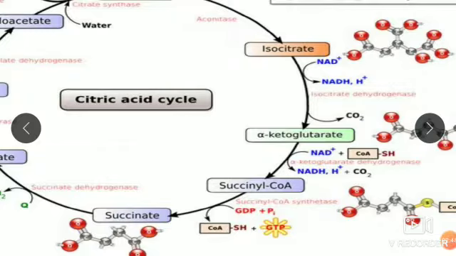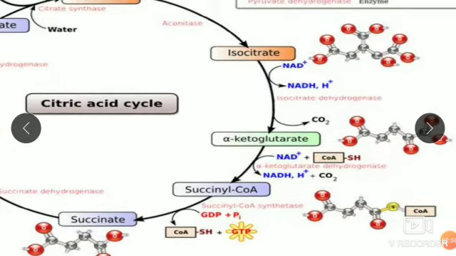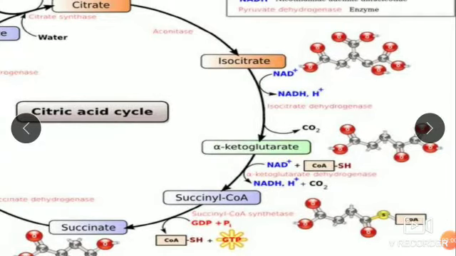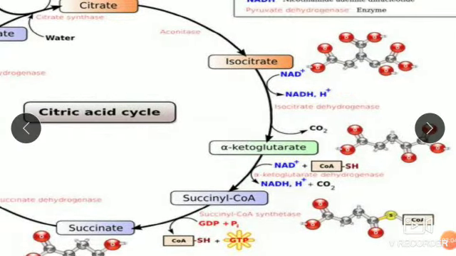Now, the isocitrate molecule undergoes a decarboxylation reaction in which one carbon dioxide molecule and two hydrogen atoms get released, leading to the formation of this 5-carbon molecule called alpha ketoglutarate. And the hydrogen ion is received by NAD plus to form NADH and H plus.